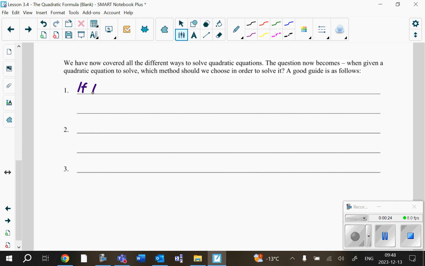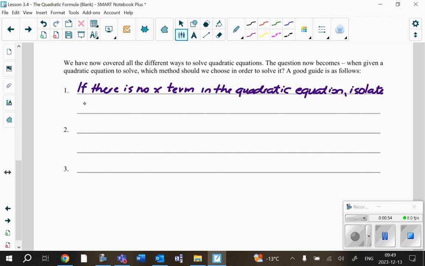if there is no x term in the quadratic equation, isolate the x squared and take the positive and negative square root to solve.